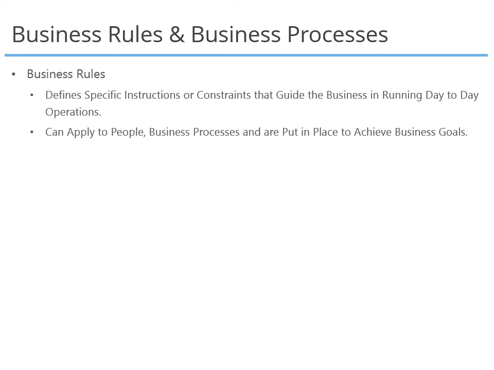They are put in place to help the organization achieve its business goals. A good example of a business rule in an organization is that all orders above $5,000 need to be approved by the MD of the organization.